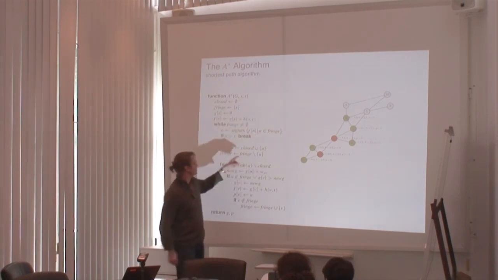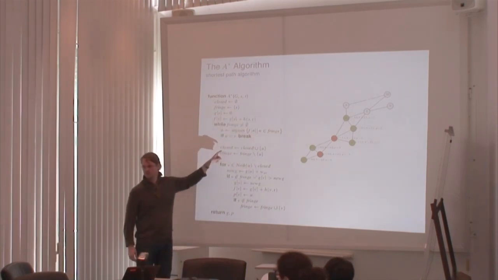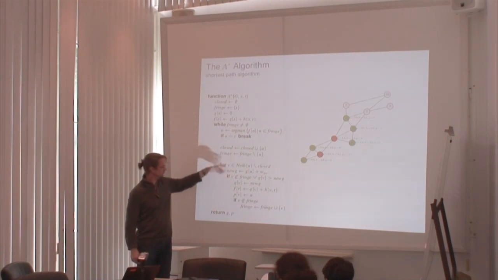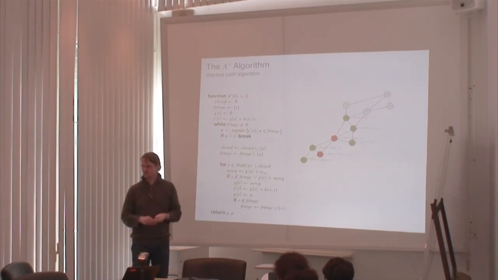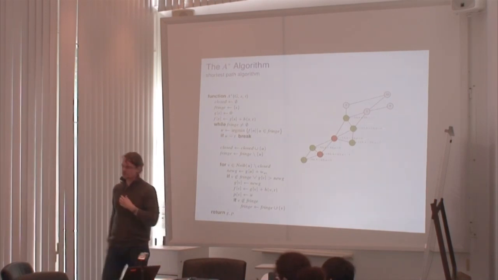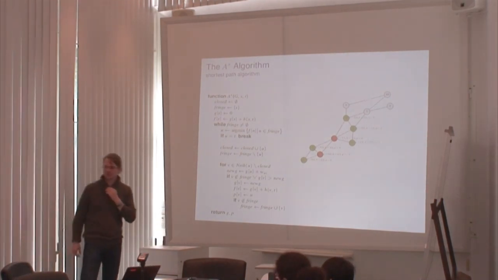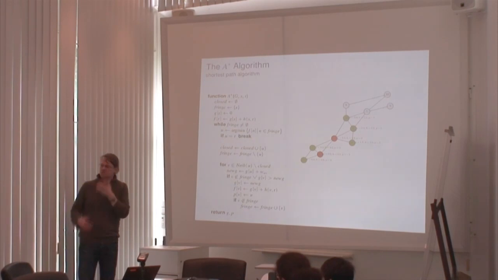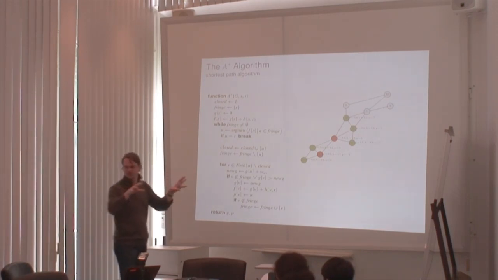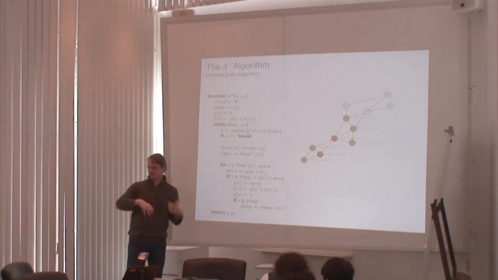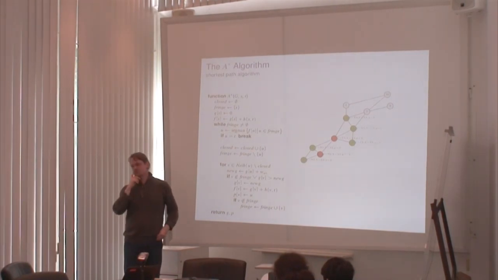Oh, but it's in the closed list. 3 is in the closed list, and if it's in the closed list, then we don't care. We have removed 3 from the fringe and put it into the closed list. This is what we always do. If we consider one thing for expansion, we remove it from the fringe and put it in the closed list.